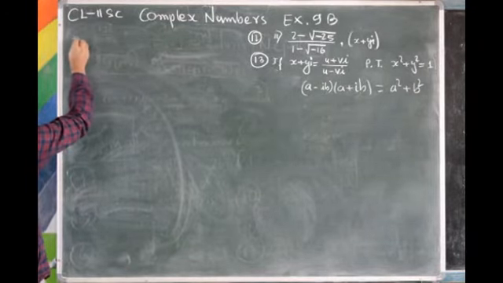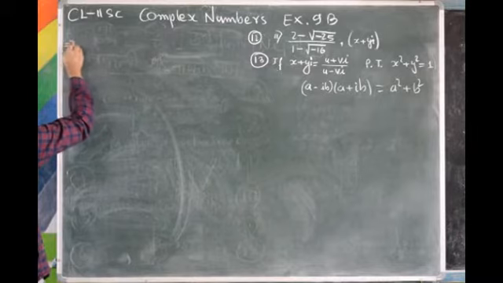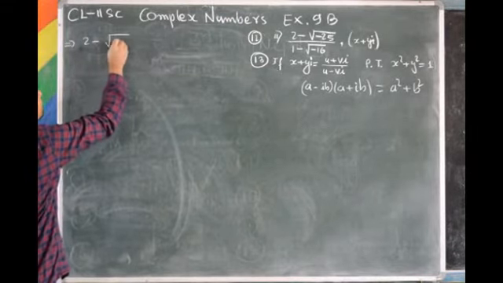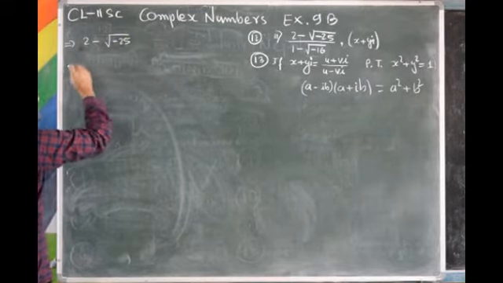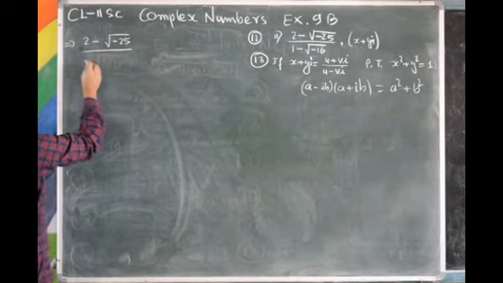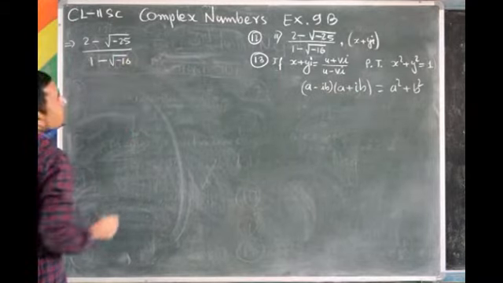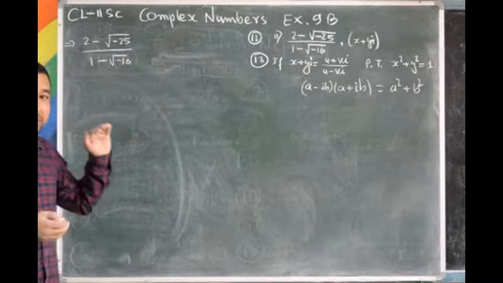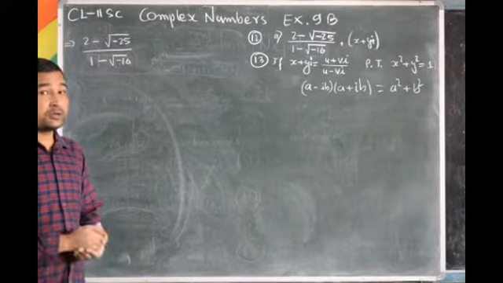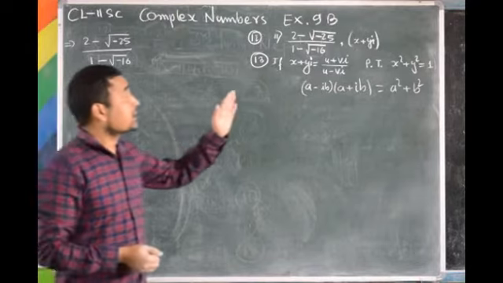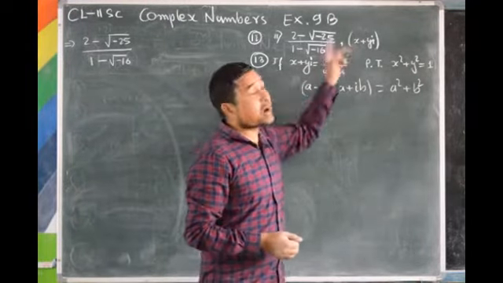Let me write the question here: 2 minus under root minus 25 divided by 1 minus under root minus 16. Now the question asks to convert this expression into the general form of complex number, that is x plus yi.